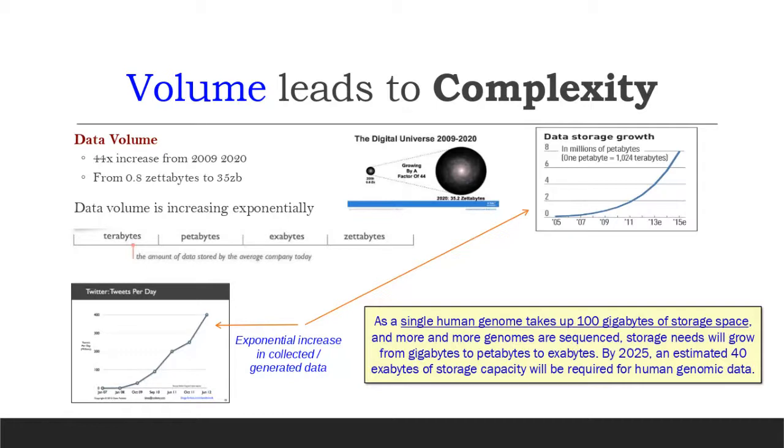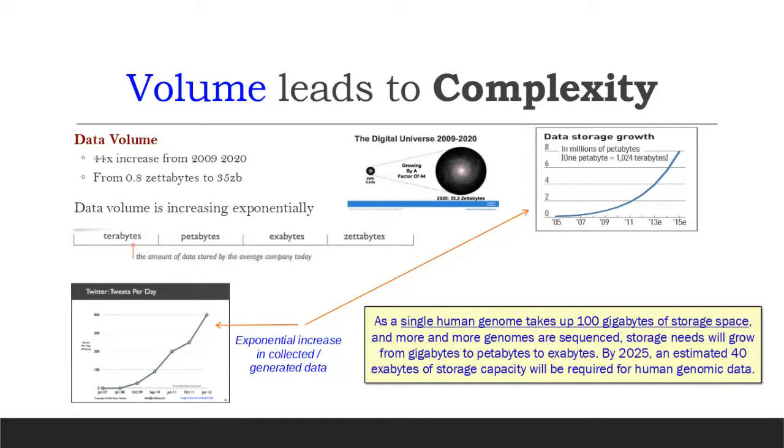Data volume has increased by 44 times from 2009 to 2020. And these are some scales of data volume. This image here, the digital universe, just shows how data has grown from 2009 to 2020. And data volume continues to increase exponentially.